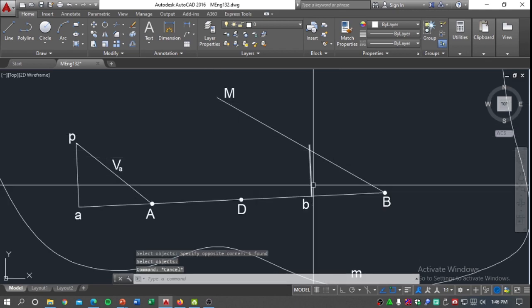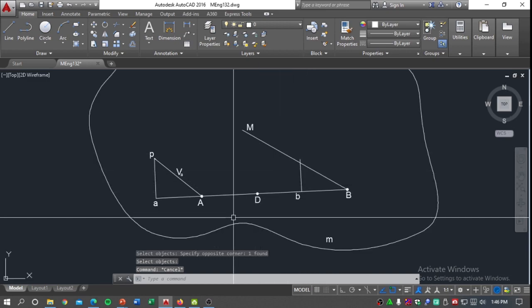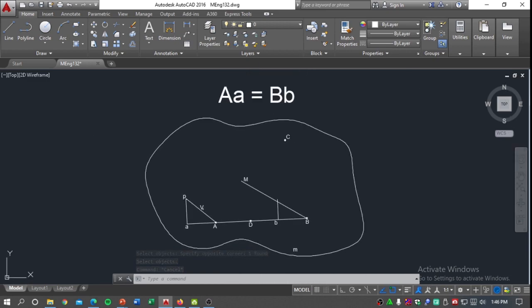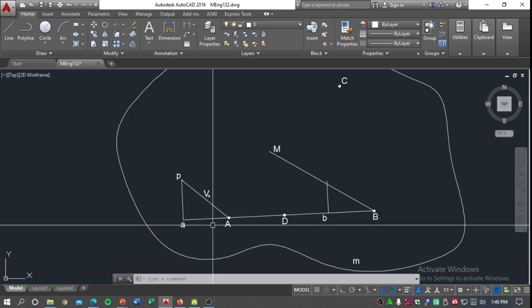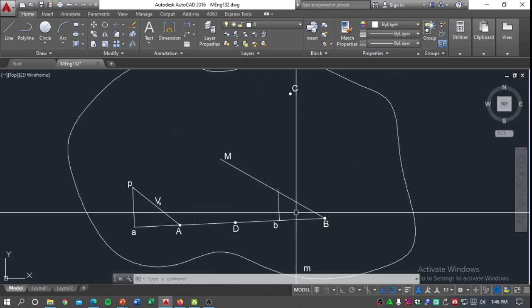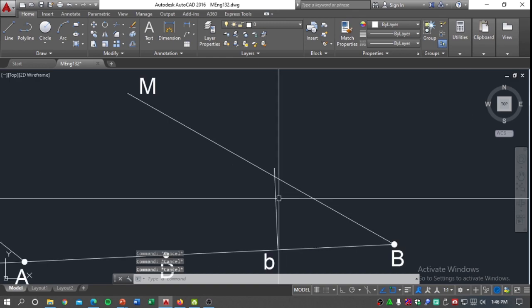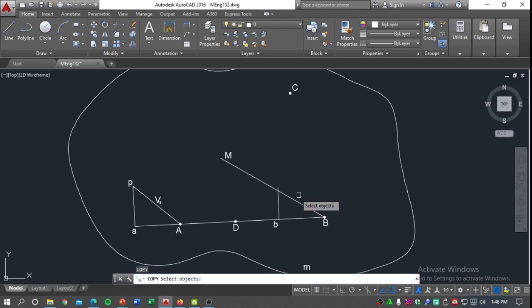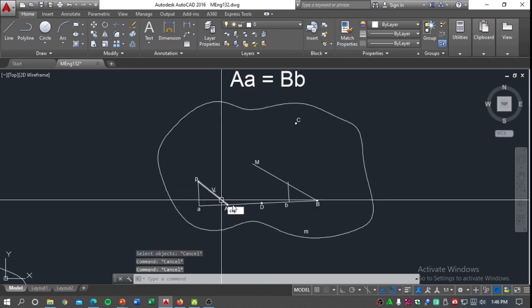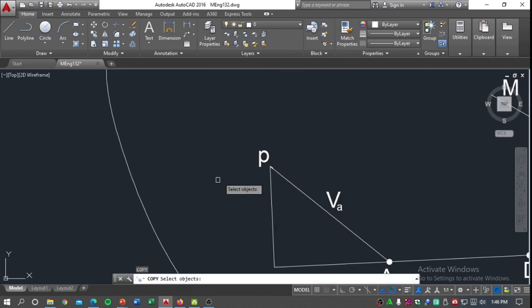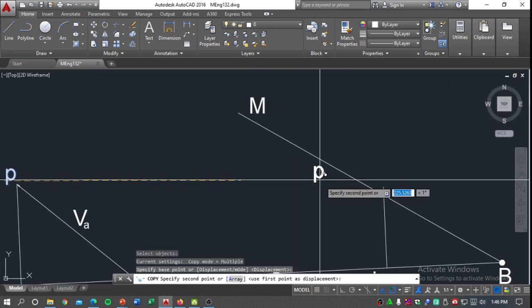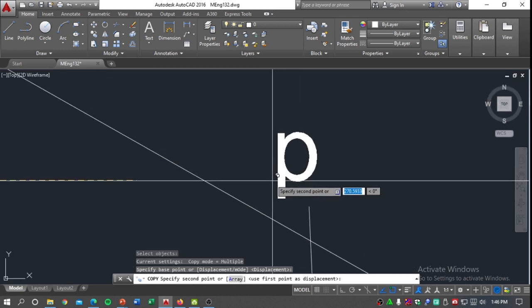It now intersects with the line BM. We have to remember that this line AA is equal to the length of BB. Now this is a point. We assign this intersection as point P5. It's now point P5.